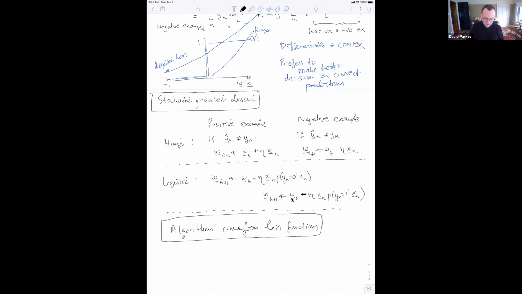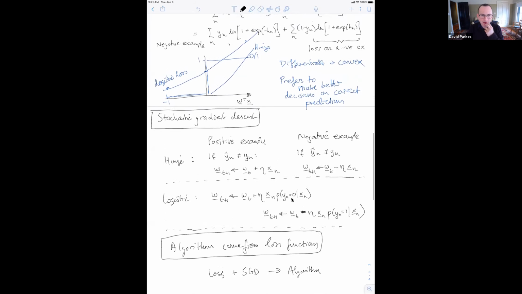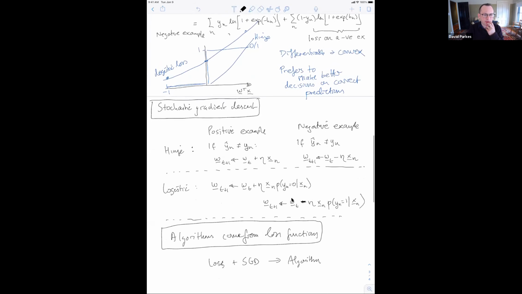You take your loss function, you take this idea of stochastic gradient descent, and you get an algorithm for training your machine learning method. And we've seen that here by pushing through this probabilistic approach for binary classification. Okay. Any questions on this?